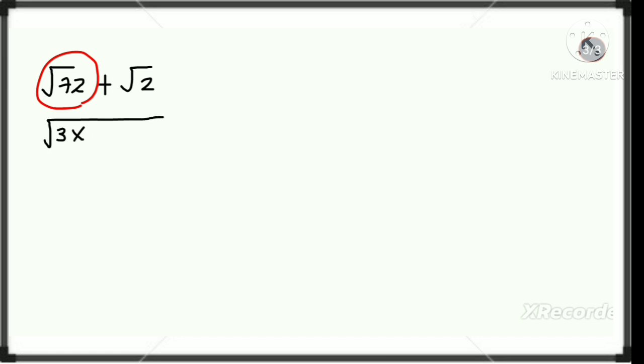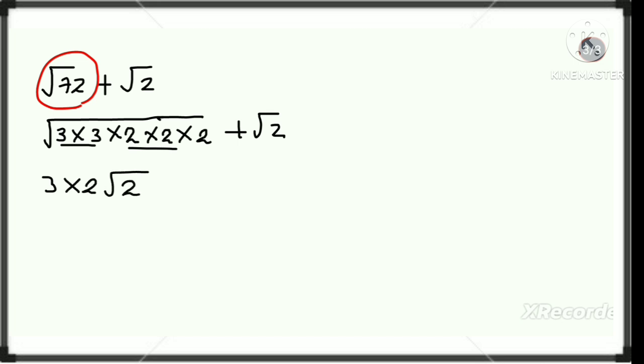Our sixth term is root over 72 plus, and common difference is root over 2, and this root over 72 can be written as its prime factors like this: 3 into 3, 9, 9 into 2, 18, 18 into 2, 36, and 36 into 2, 72, plus root over 2, and these 3 has pair and these 2 also has pair, so can be taken out. 3 into 2, and here remains root over 2 plus root over 2 as it is.